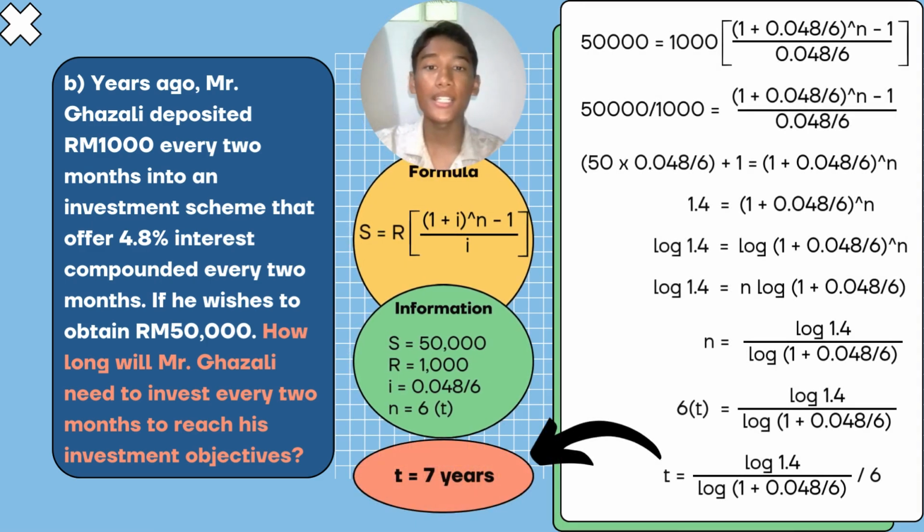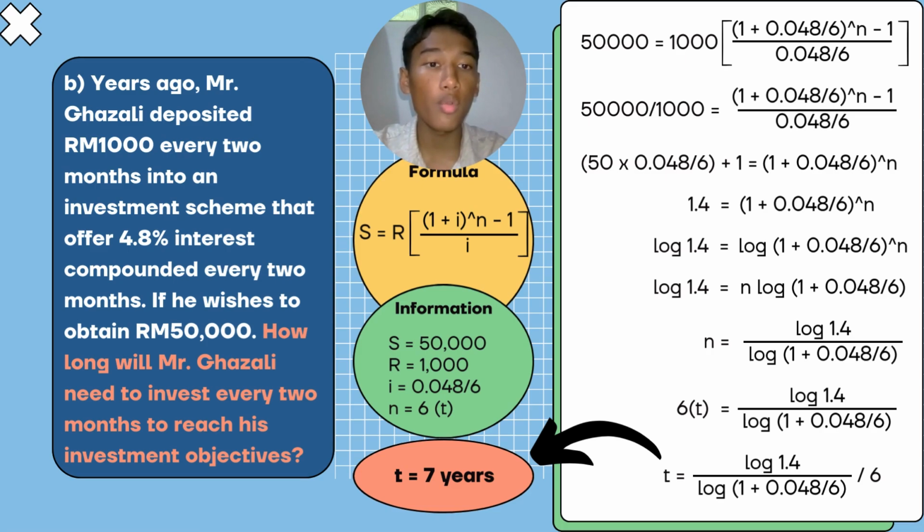After that, we can insert the information into the formula. So 50,000 equals 1,000 times open bracket (1 plus 0.048 divided by 6) powered by n minus 1, over 0.048 divided by 6, close bracket. After that, we can move the 1,000 to the left and we get 50,000 divided by 1,000.